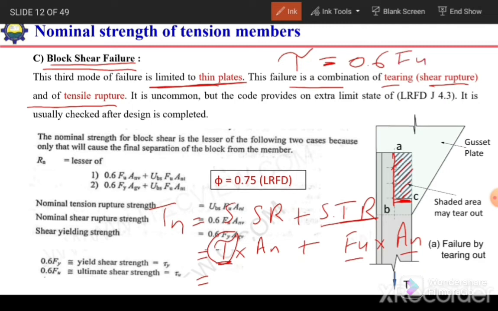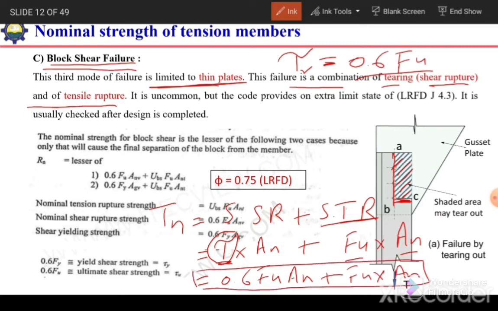This means 60% of the rupture strength will be equal to the shear rupture strength, that is, 60% of the ultimate or rupture strength of steel in tension. So we can replace this tau with 0.6 times Fu times An, plus Fu times An. This will be our strength corresponding to block shear.